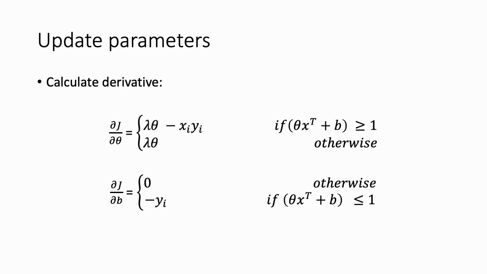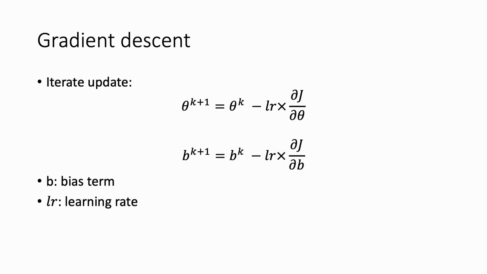Then we can calculate the derivative of the loss function with respect to theta and the derivative of the loss function with respect to the bias term. Then we can use gradient descent to find the optimal parameter theta and bias term.